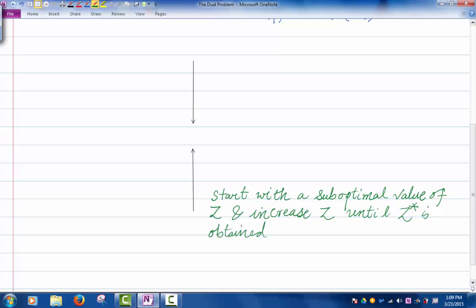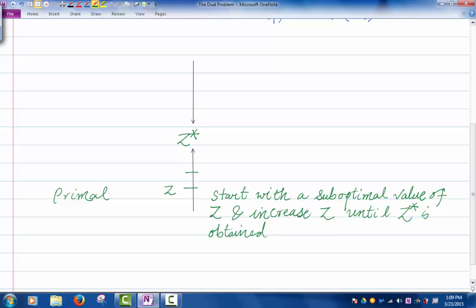Am I making sense? So let's say here is a suboptimal value of Z, and then you keep increasing the Z value until you get to that optimal value Z star. So here I am speaking about the primal problem.